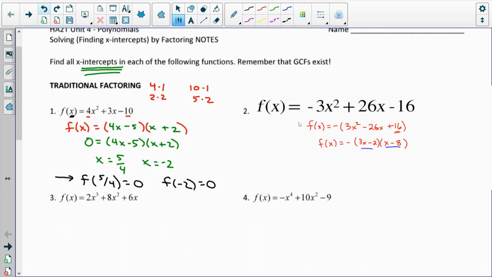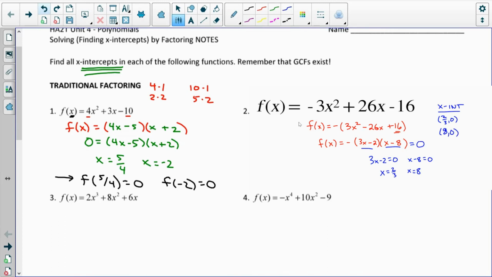because if I take each of these things, since the problem asks me to find x-intercepts, I'm going to want to set them equal to 0. So I can say 3x minus 2 equals 0 and x minus 8 equals 0. So x equals 2/3 and x equals 8 are my answers, which means that the x-intercepts would be 2/3, 0 and 8, 0.